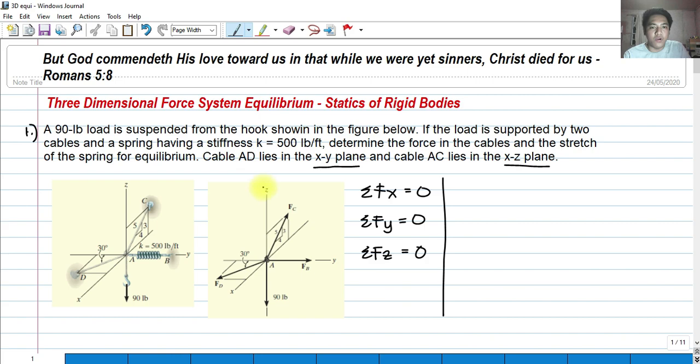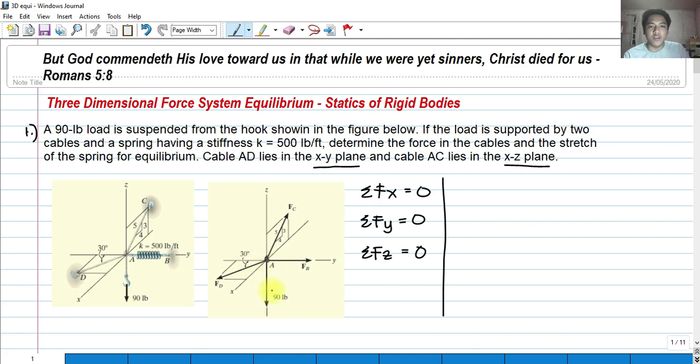So both force F sub D and force F sub C have an X component. First we start off by writing the equation. Again, this is our positive X, this is our negative X, considering this point A as our origin. This is our positive Y, negative Y, positive Z, and then negative Z.